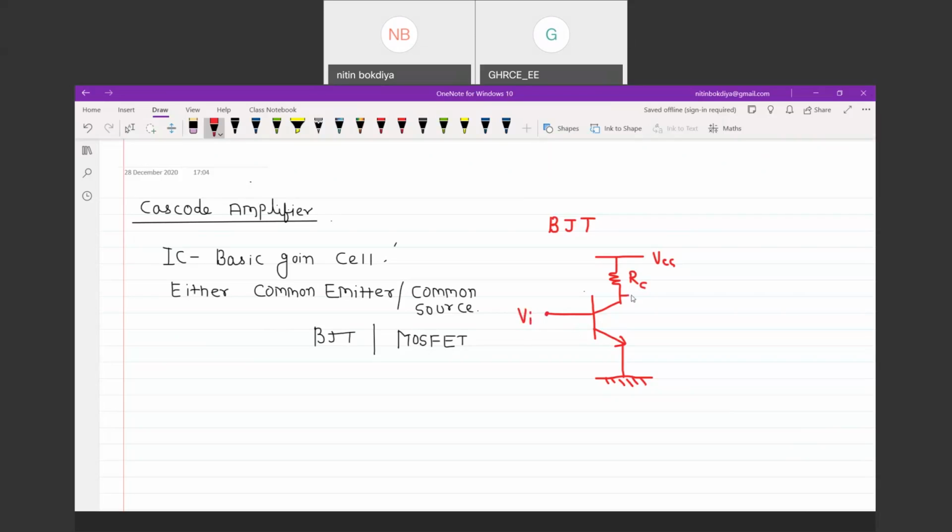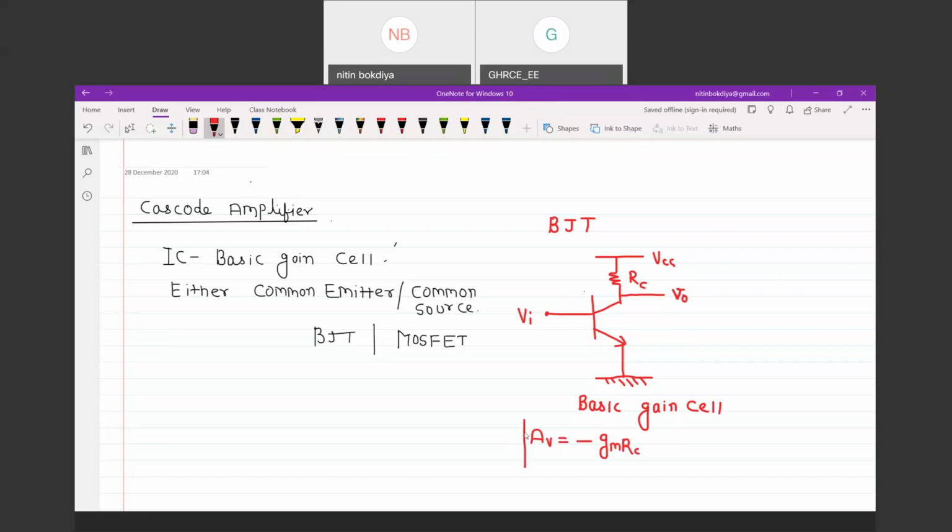From the point where we take the output, this is Vout. This is the basic gain cell, and the gain of this amplifier is equal to minus gm times RC.